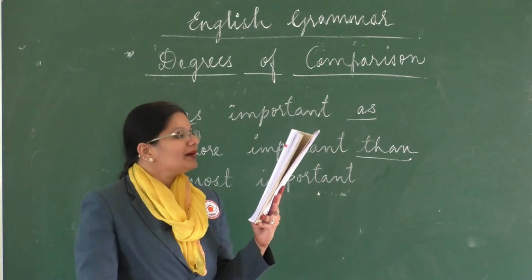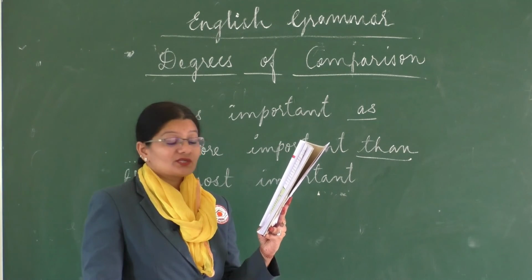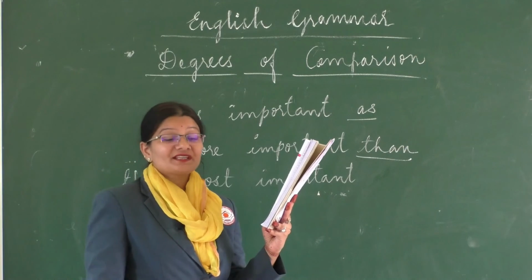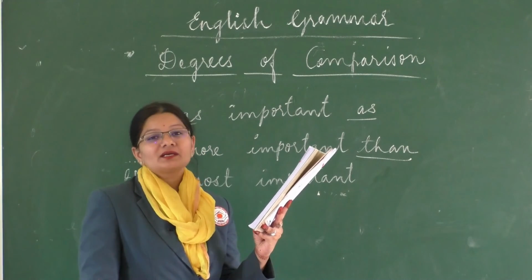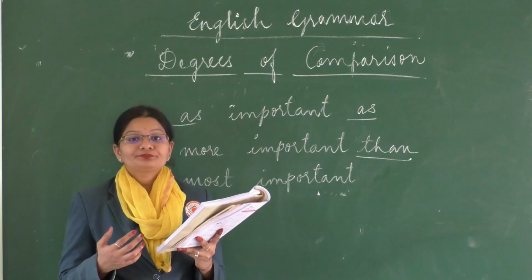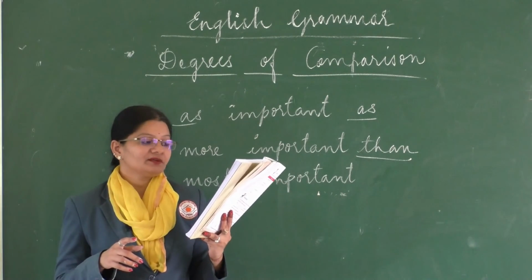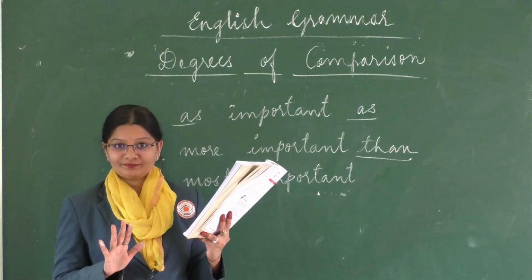Next, my work is difficulter than yours. So here you see difficulter. Difficult is a polysyllabic word. Now, what will happen here? Difficulter is not the right word.